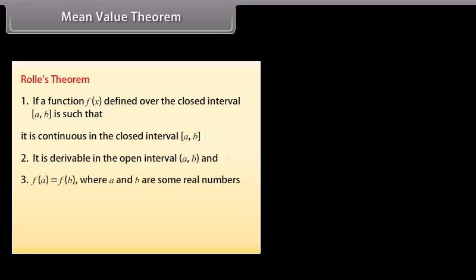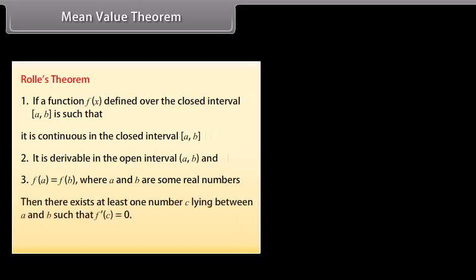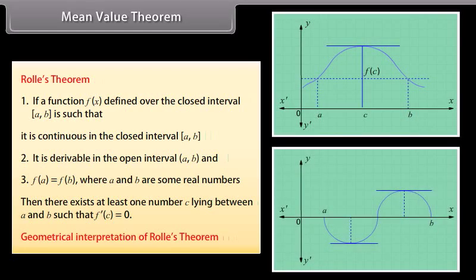F of a is equal to f of b, where a and b are some real numbers. Then there exists at least one number c lying between a and b such that f dash of c is equal to 0. Geometrical interpretation of Rolle's theorem.